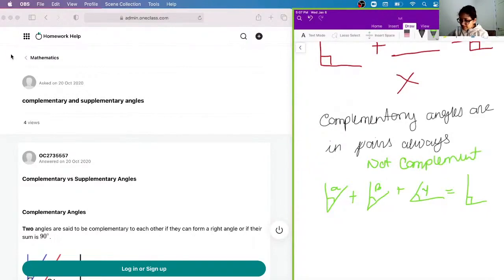Angles in a complementary pair must be both positive and acute, as I just mentioned. So complementary angles should be acute, meaning less than 90, and positive.